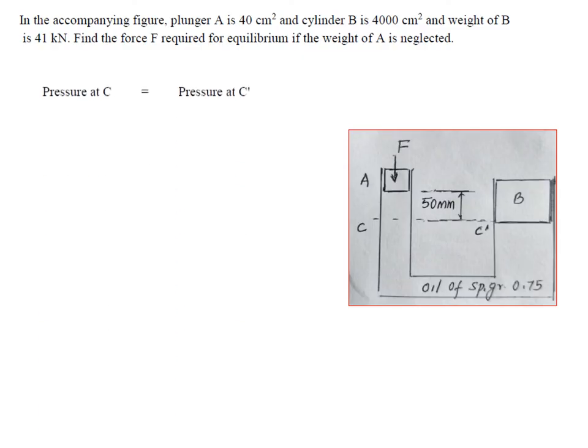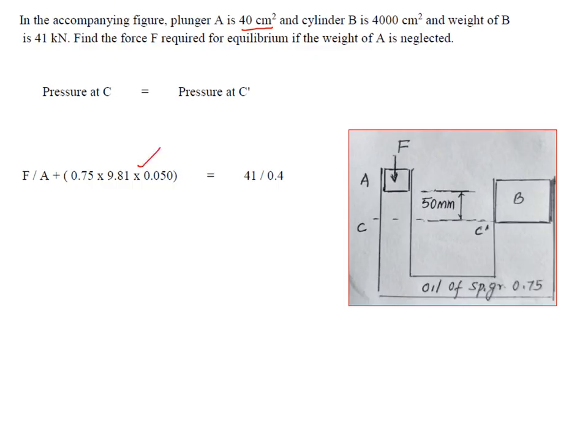So now F divided by A, but area of the plunger is 40 centimeter square. So you can divide by 100 square to convert to meter square. So therefore F divided by A plus, so we have to come down here because specific weight of oil is 0.75, 9.81 into 0.05 is this.